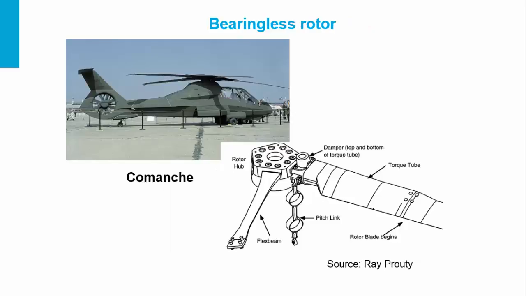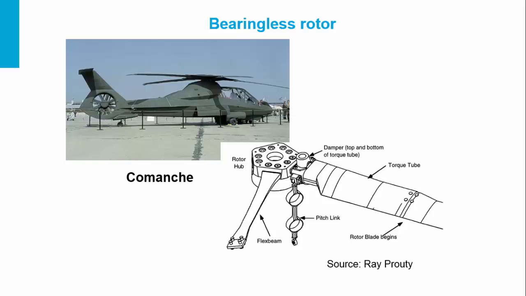The bearingless rotor. Here all the hinges have been eliminated, so we do not have even the pitch hinge. And this hinge has been replaced with a flex beam and torque tube arrangement, which allows the blades to have their freedom.